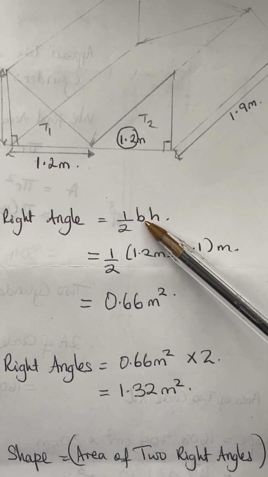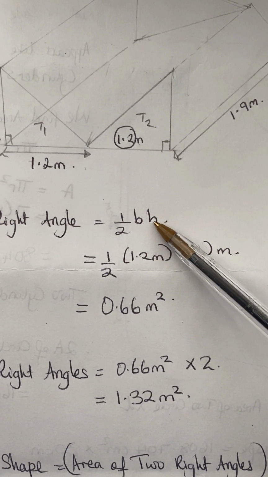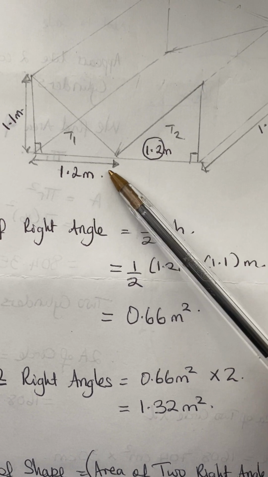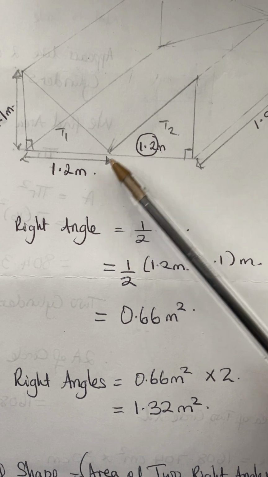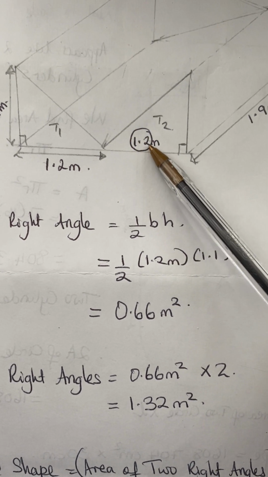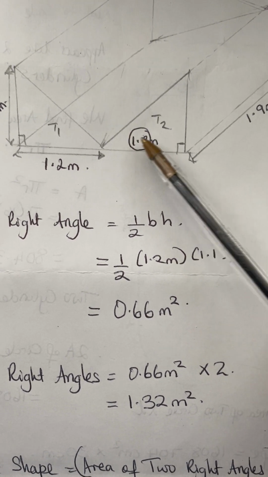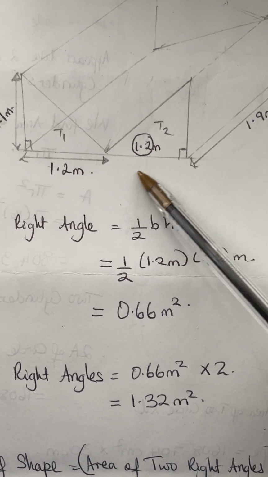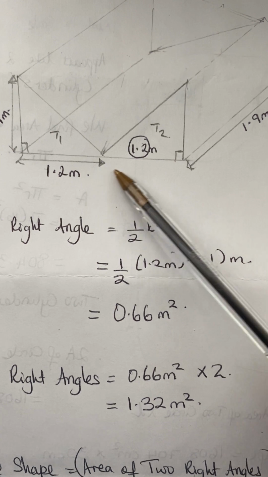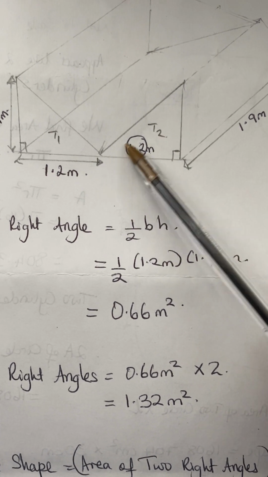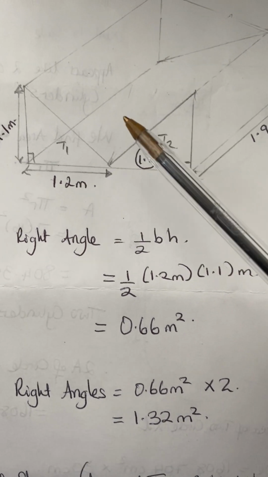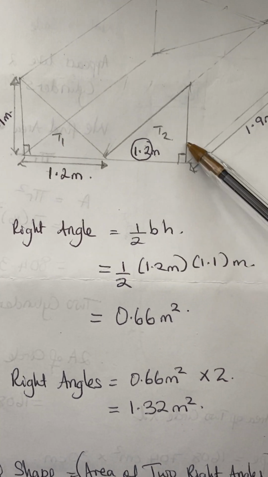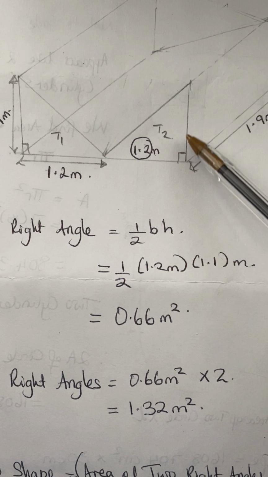So half base and height, so half, the base is 1.2. Okay, this wasn't given. I've circled it because I wrote it there, because even though it's not to scale, by eye judgment, it looks like similar angles, and because they are right angles, it will be similar anyway.